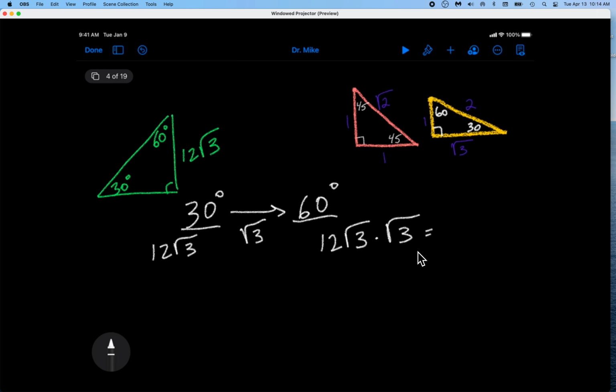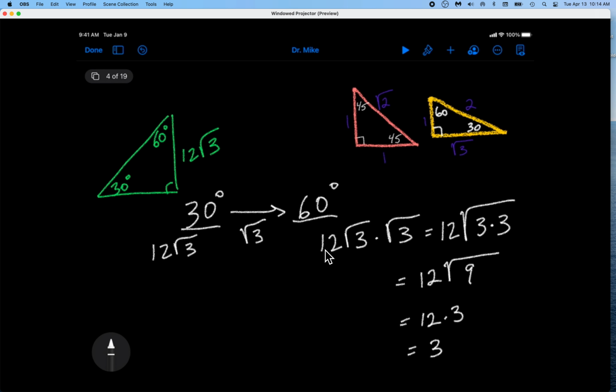Now, when you multiply two radicals, as long as the root is the same, we can just rewrite the radical sign and multiply the factors. So this becomes 12 times the square root of 9, which equals 12 times 3, which equals 36. That's not degrees, I'm sorry.